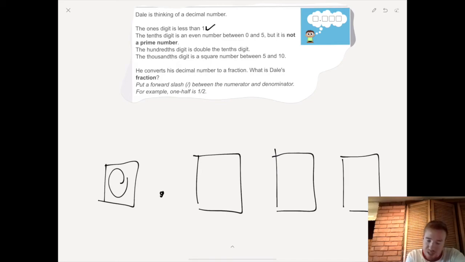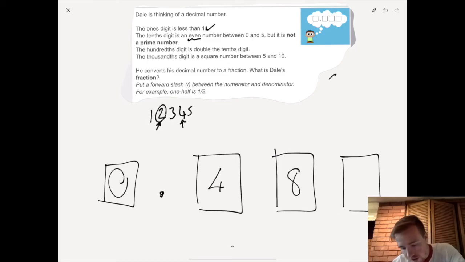And the thousandths digit is a square number between 5 and 10. So you've got 6, 7, 8, or 9, possibly 5 and 10 as well, depending on the word in the question. I always struggle with between. But I would go for those initially and see if anything fits, and then if it doesn't, maybe incorporate 5 and 10.